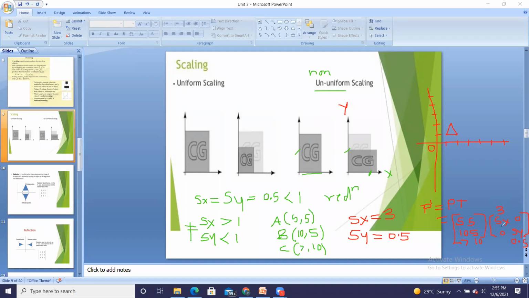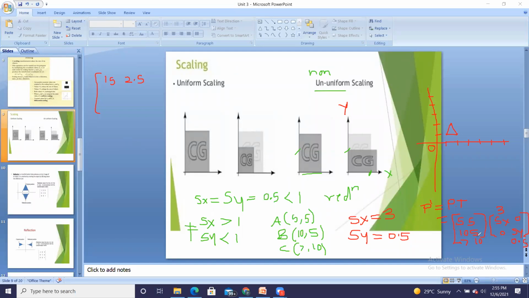And once I carry out this multiplication, what is the result I will get? I will write the result over here so that you will be able to view it nicely. So perform the multiplication and tell me the result. 5 into 3, 15 plus 0. So I will get 15 over here. Then first row, second column: 5 into 0, 0 plus 5 into 0.5, 2.5.